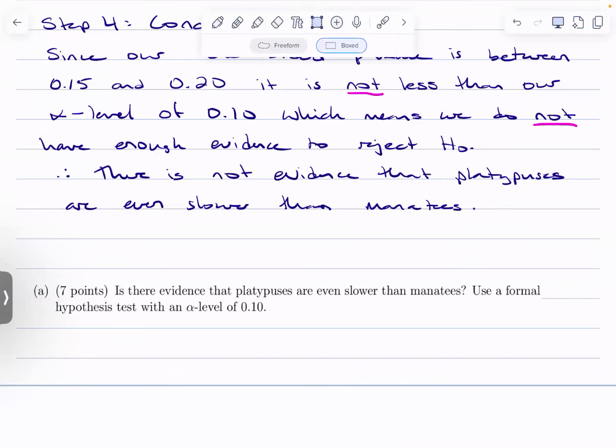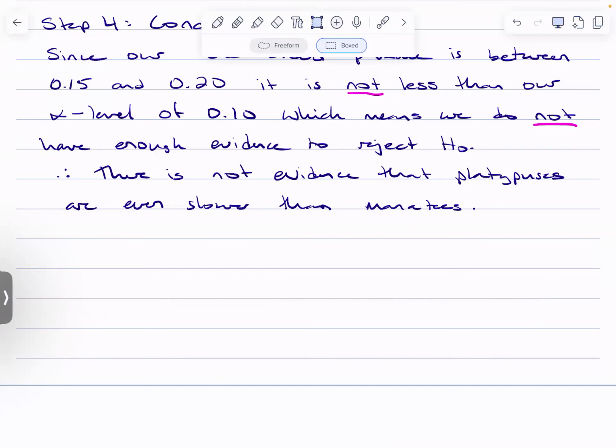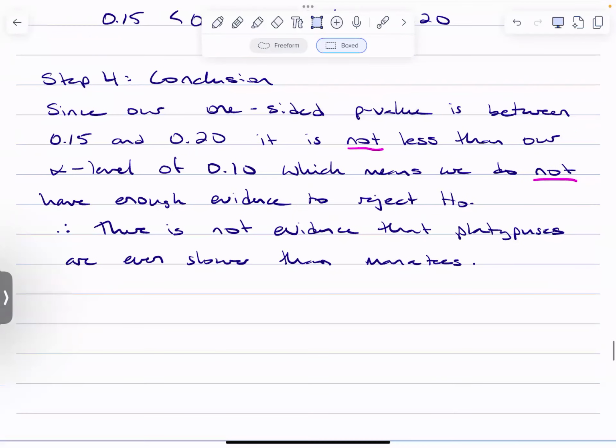In fact, our hypothesis test showed that they move at roughly the same speed. There's no significant difference in their average speeds. Nice.